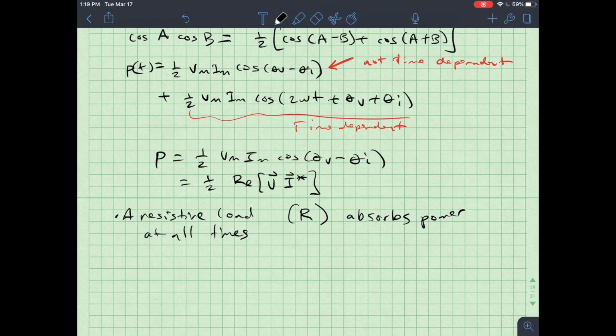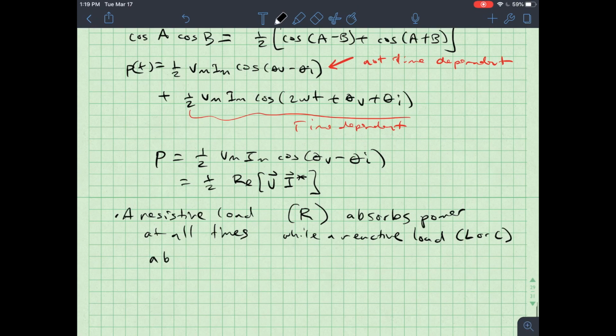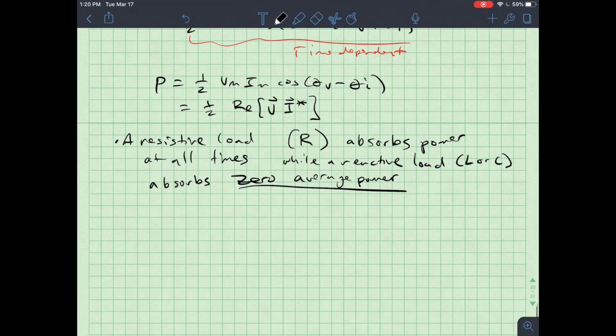While a reactive load, which, by the way, is L or C, absorbs 0 average power. Why? Because that reactive load is complex. So let's apply this to a couple of examples.